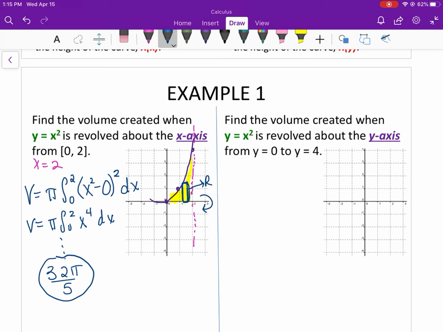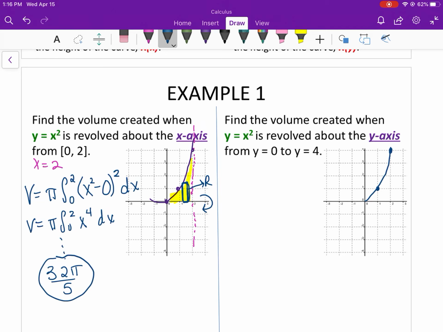Now, if I want to revolve about the y-axis from y equals 0 to 4, I'm going to be graphing the same curve. And I'm going to go from, oops, let me redo that. I did not get the correct ordered pair in there. There we go.